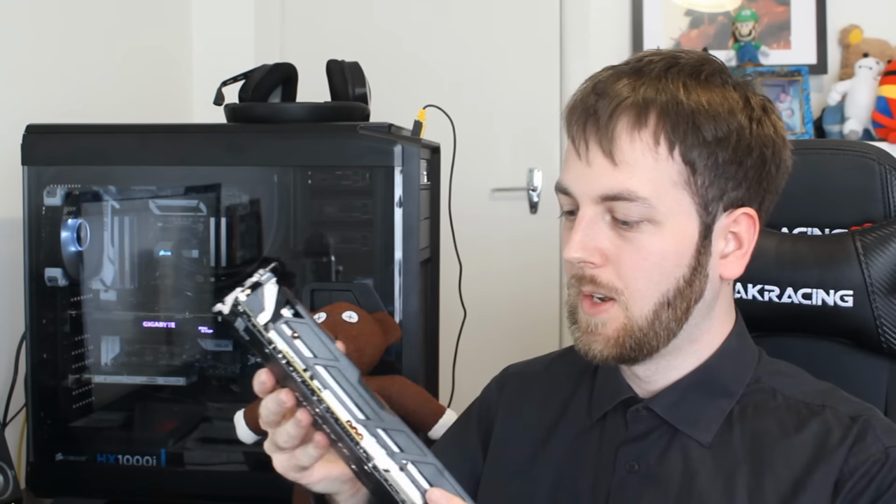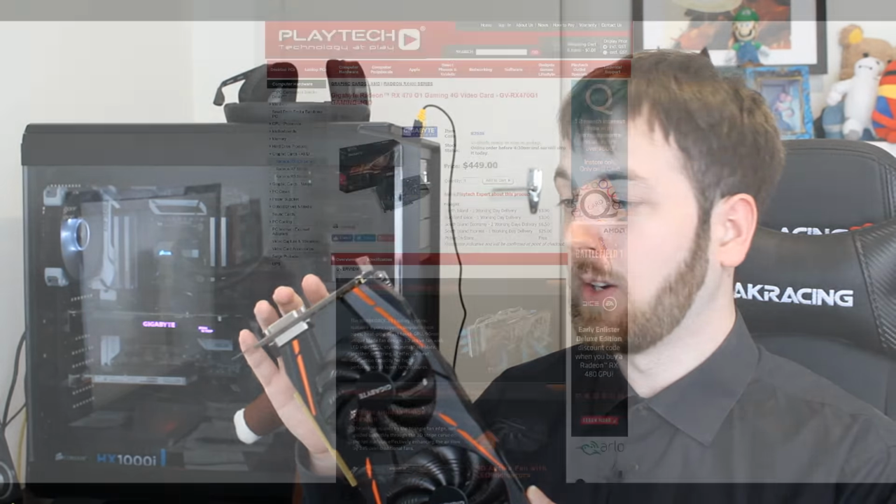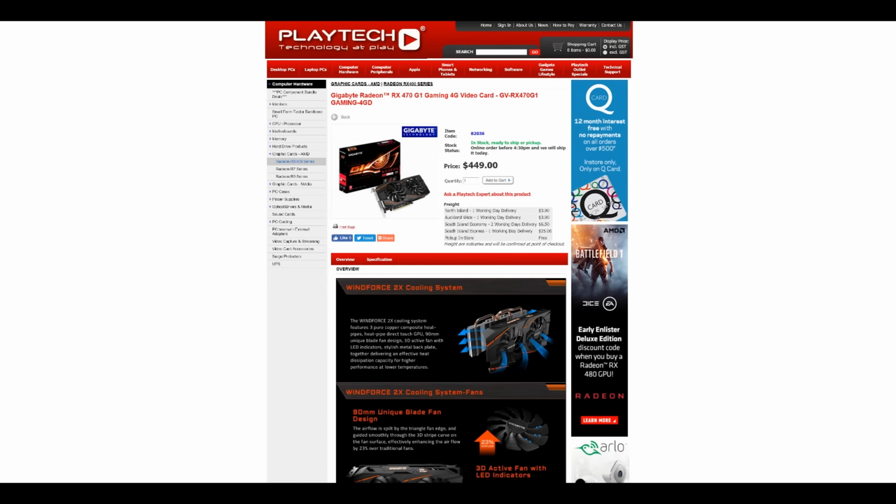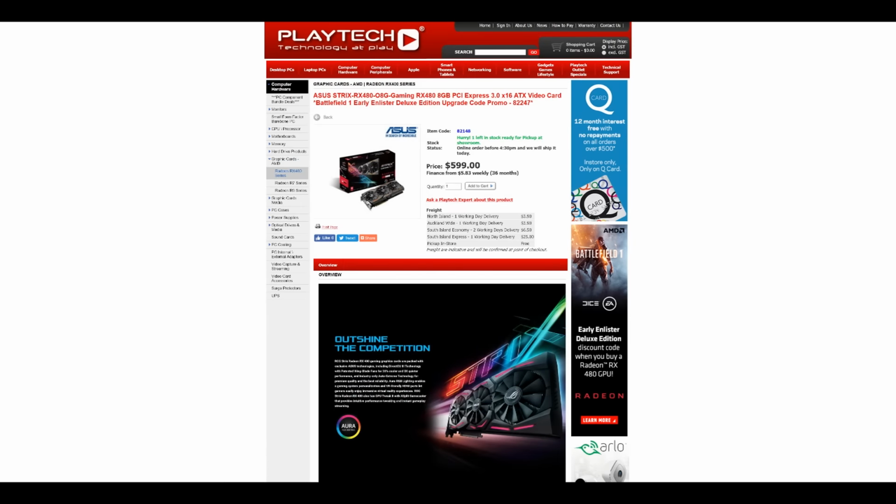Which brings us now to the conclusion, and who do I think wins this showdown? So we have to bring price into the equation. Over on Playtech, right now, this G1 Gaming RX470 is going for 449 New Zealand dollars. The Asus Strix RX480 over at Playtech is going for 599 New Zealand dollars.